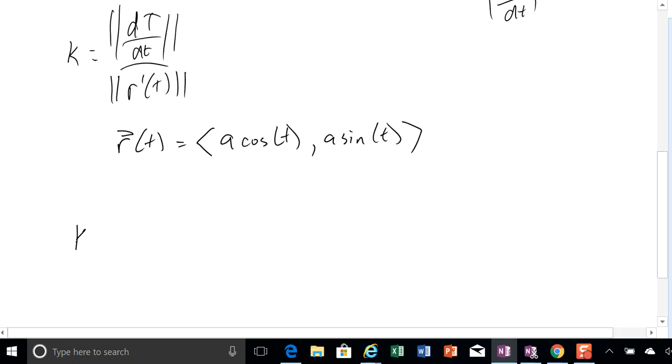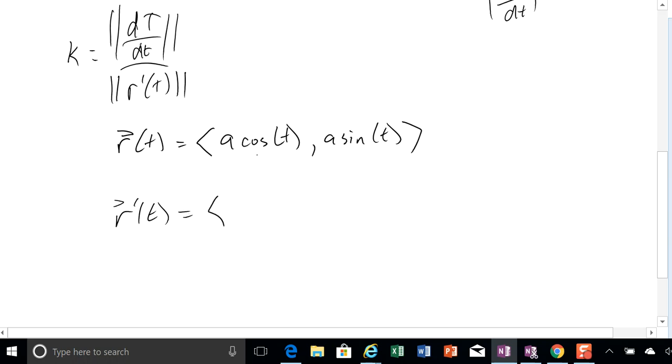But to find the curvature of a circle, I want to look at the magnitude of dT/dt. So I need to find the unit tangent vector. And to find a tangent vector, we can start with the derivative.